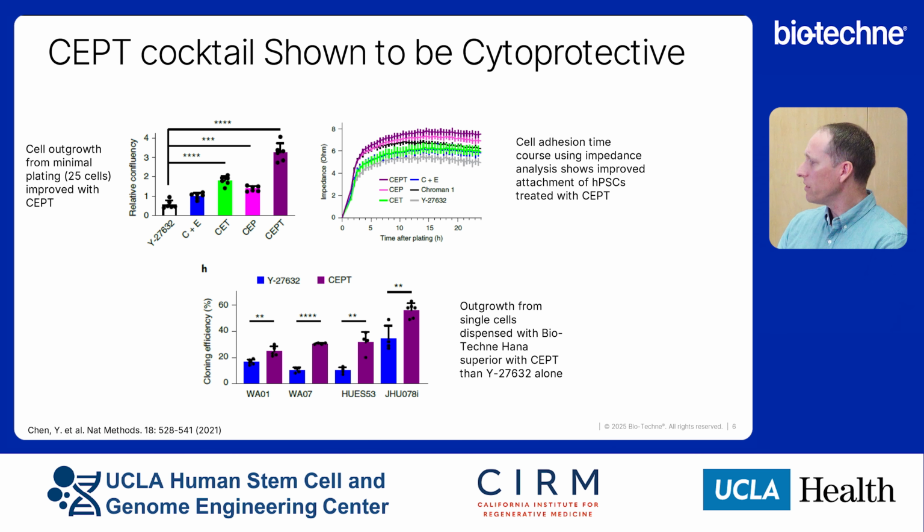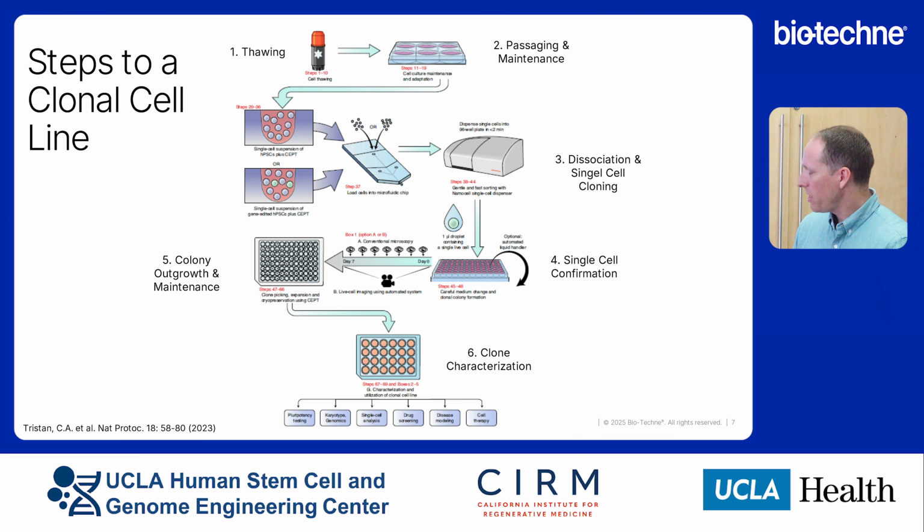They did a single cell deposition with these cell lines with either the Y27632 compound or the CEPT cocktail, and found the CEPT cocktail was more efficient in growing out those single cells into clones. This cocktail was really trying to address developing tools to help improve the sensitivity aspect of single cell outgrowth with stem cells.